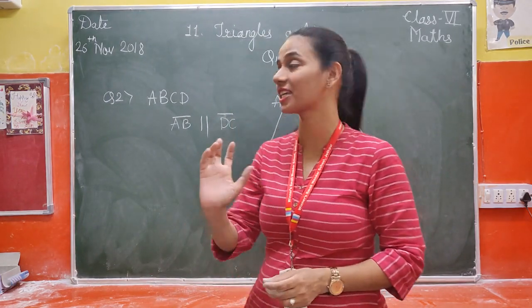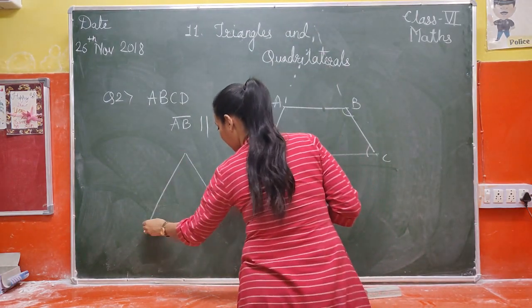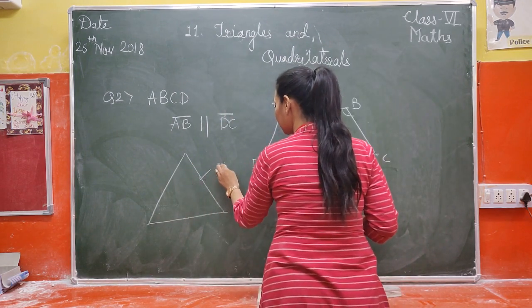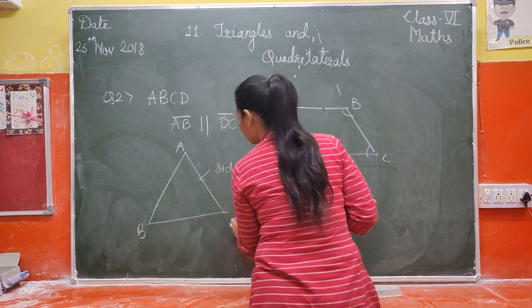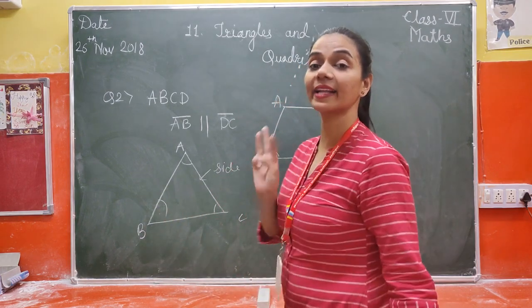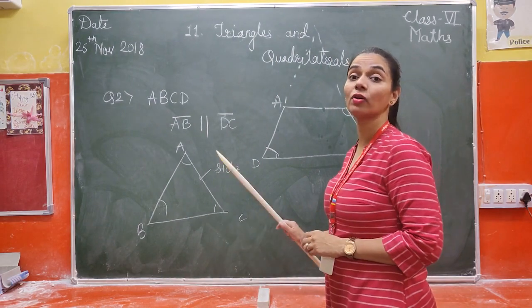So I will just explain to you what is a triangle. If you see a triangle, this is the side of a triangle. ABC are the vertices and they have three angles. So you can say a triangle has three vertices, three sides and three angles.